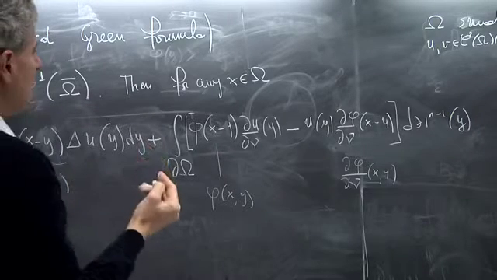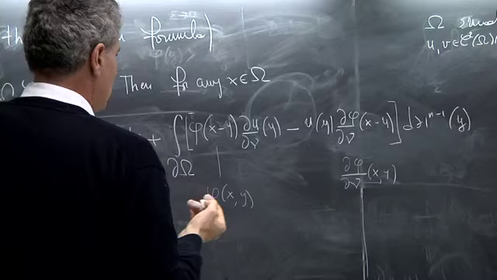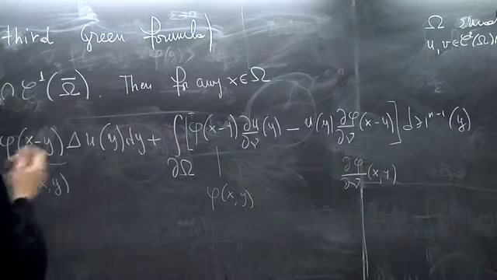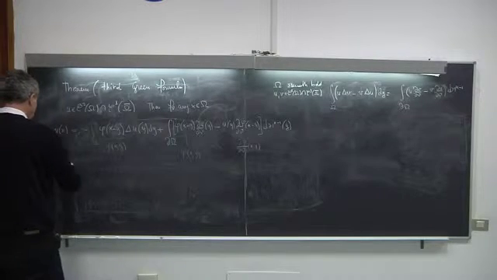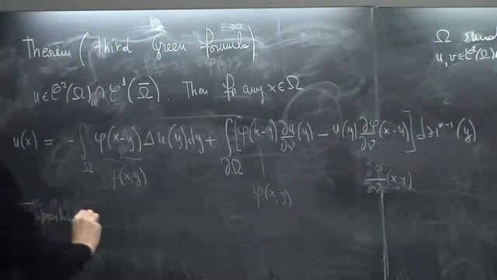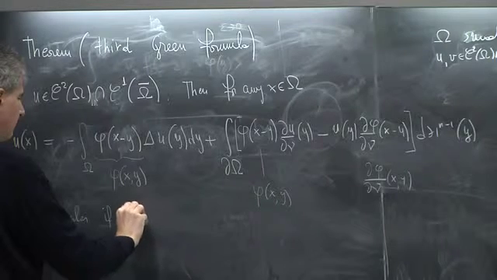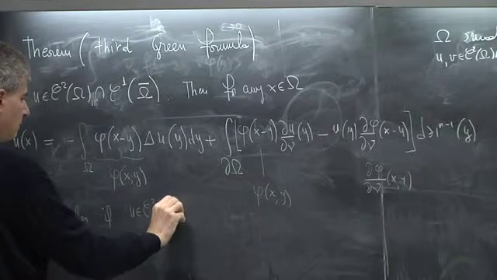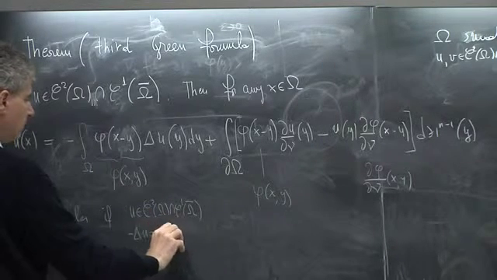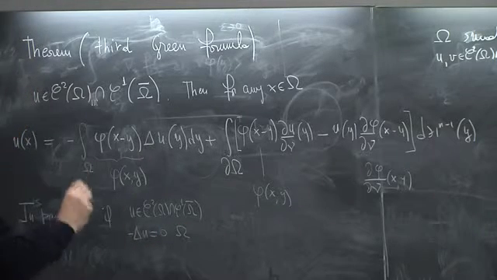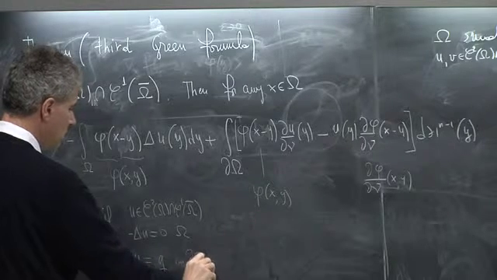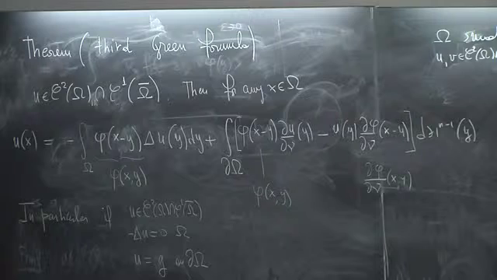And this is interesting because if u is smooth enough, and say u is harmonic in omega, and u is equal to g on the boundary, for instance.